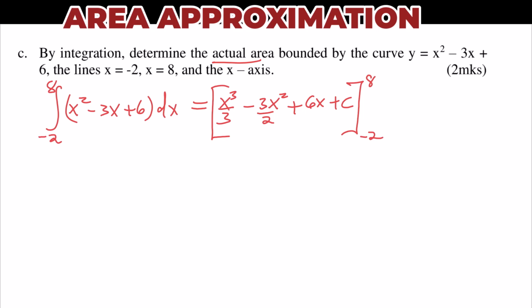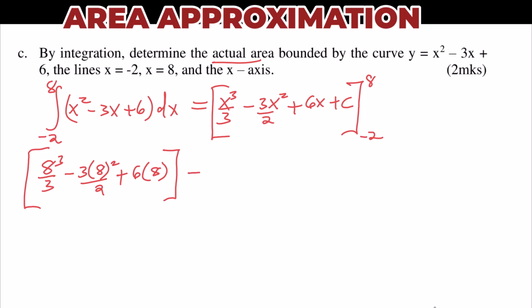From there, you begin by substituting 8, where we have x. Substitute x with 8. So we shall have 8 cubed divided by 3 minus 3 times 8 squared divided by 2 plus 6 times 8. For c, you don't need to carry the constant of integration, because once you carry it, it will be subtracted and you get 0. So you can ignore it at the second stage.